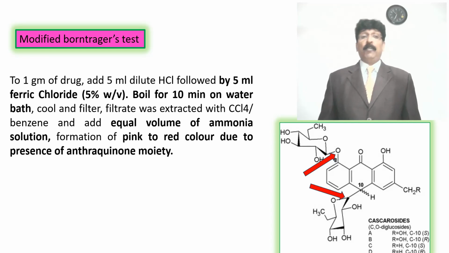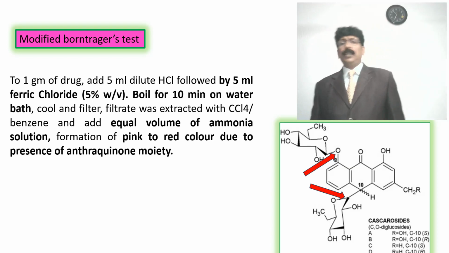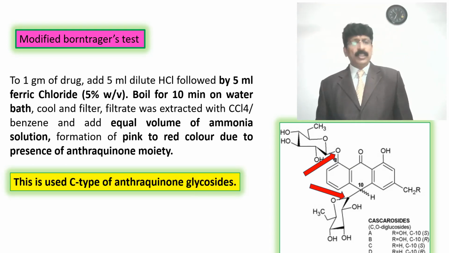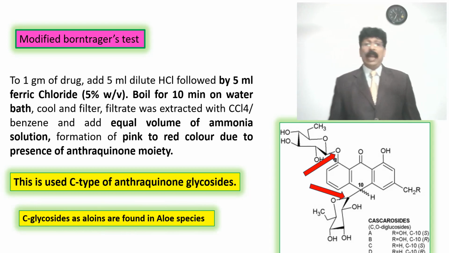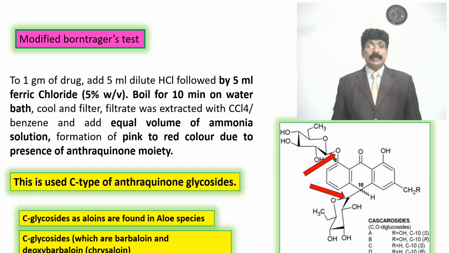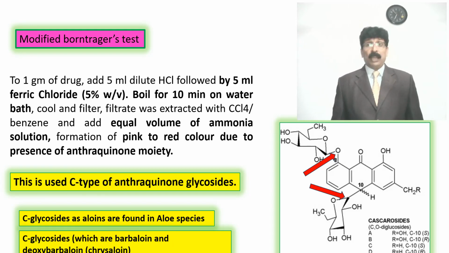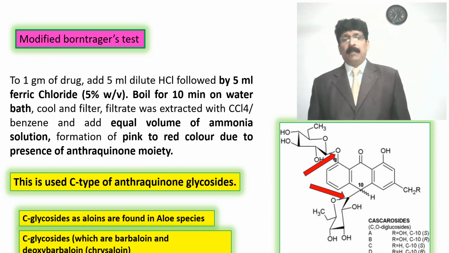A pink or red color forms due to the presence of the anthraquinone moiety. So this is used for C type of anthraquinone glycosides, as aloins found in aloe species. These C glycosides are barbaloin, and deoxybarbaloin, which can be called chrysaloin. Barbaloin and chrysaloin are C glycosides.